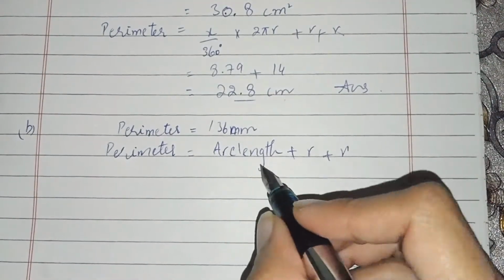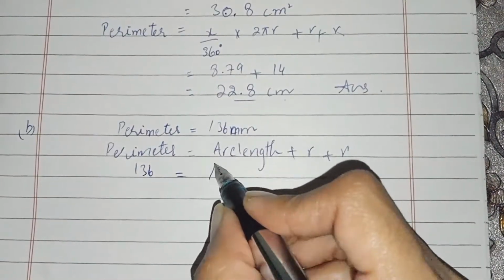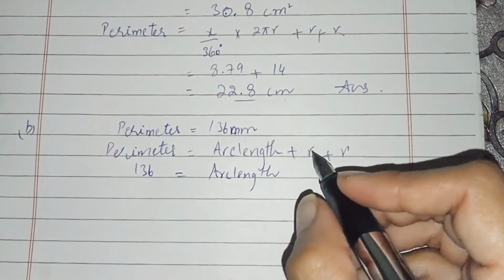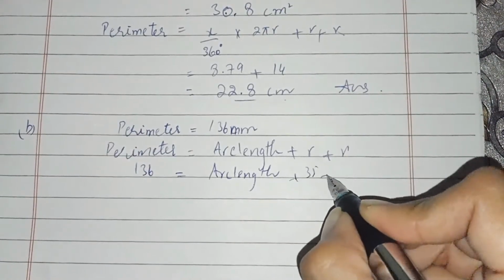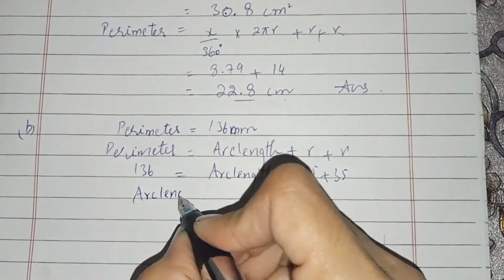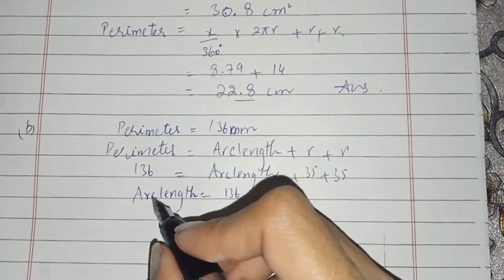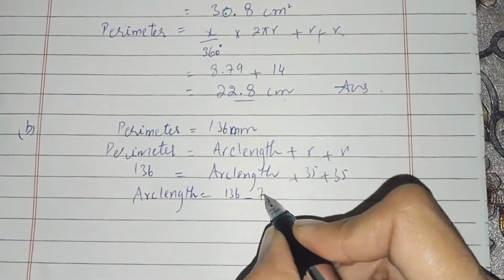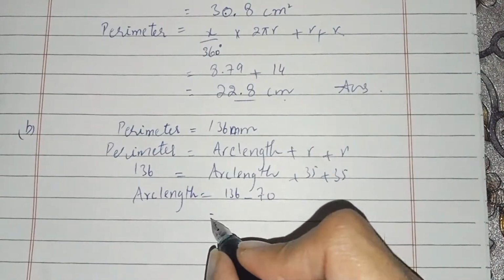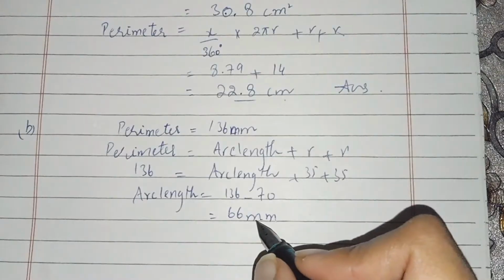We have to find the arc length. Perimeter is 136, arc length, and r is equal to 35 and 35. These values go to that side and are subtracted from 136 and we get 66 as the answer in millimeter. This is the arc length.